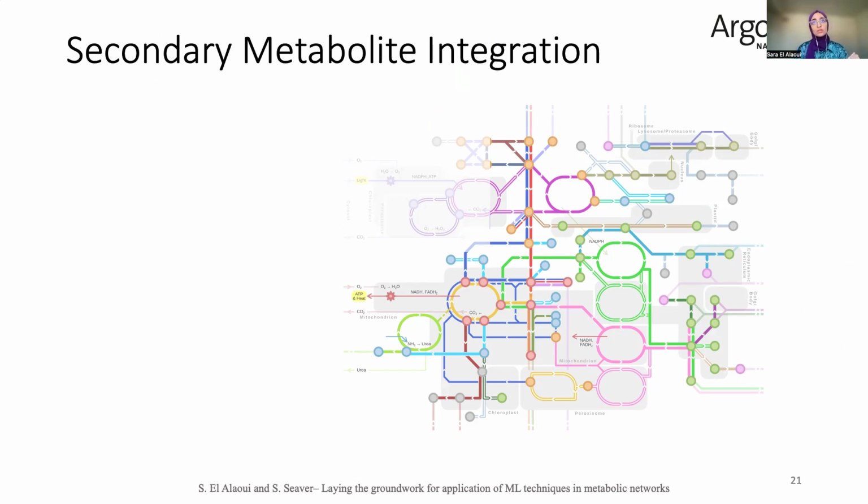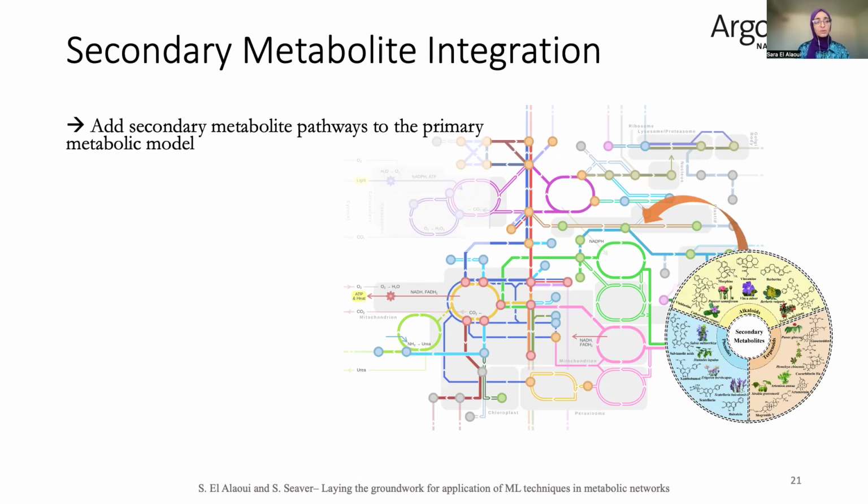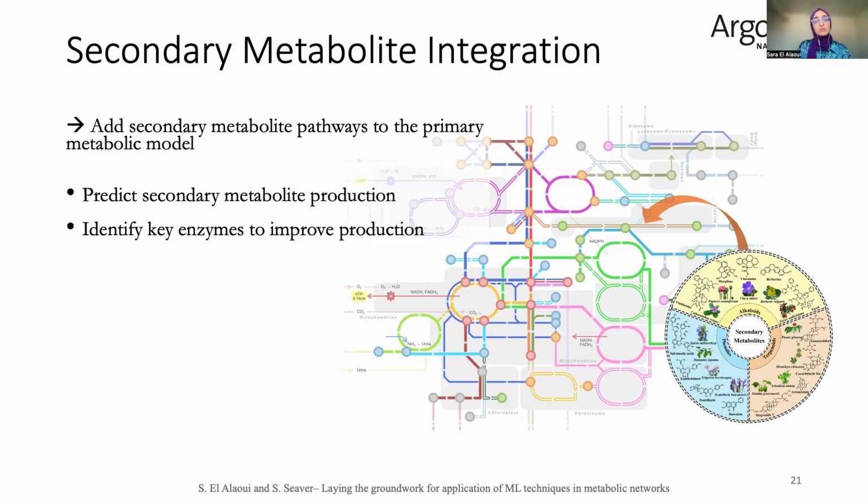What we've been using is just the primary metabolic model, but you can integrate secondary metabolite pathways within the primary metabolic reconstruction, and then use the machine learning to predict secondary metabolite production, for example, or identify key enzymes to improve the production of that secondary metabolite, or whatever the objective is. You can add constraints to the machine learning model and it helps you understand how that secondary metabolite is being biosynthesized or how to improve that.